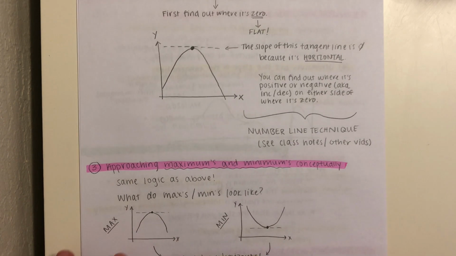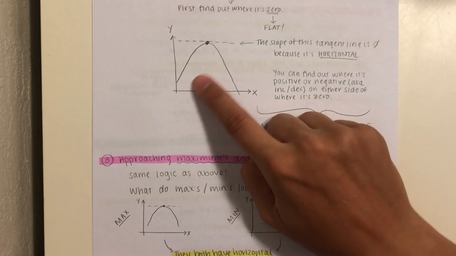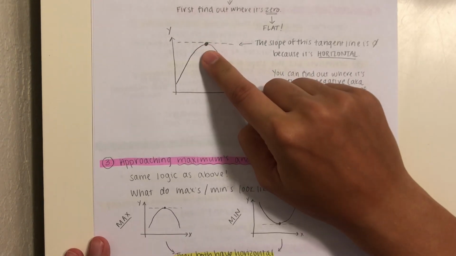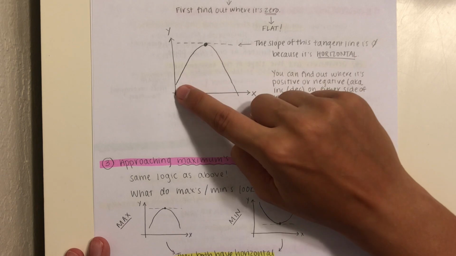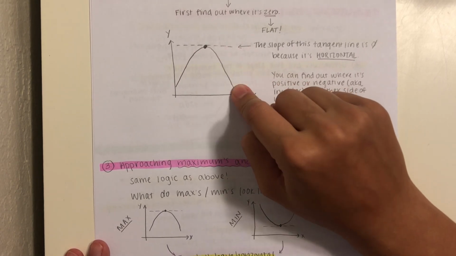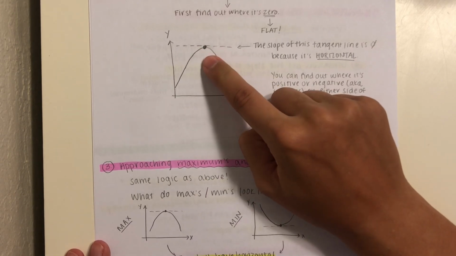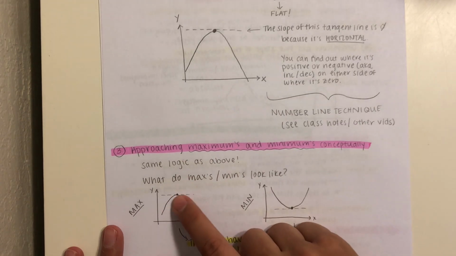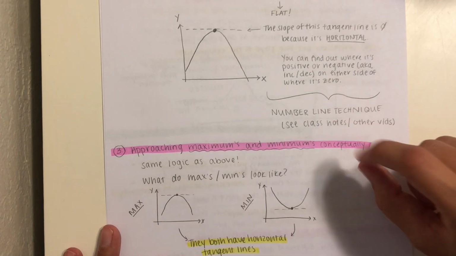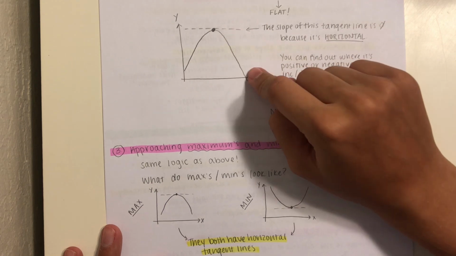So another thing you can do is talk about maximums and minimums. So if we look back at this graph, what we just talked about, you found where it was 0, right? And we talked about how it'll be increasing or decreasing on either side of that. But if you look at that, this little shape here has a maximum point. So that's what we kind of want to look at. You want to find where the tangent line is and what it's doing on either side of it.